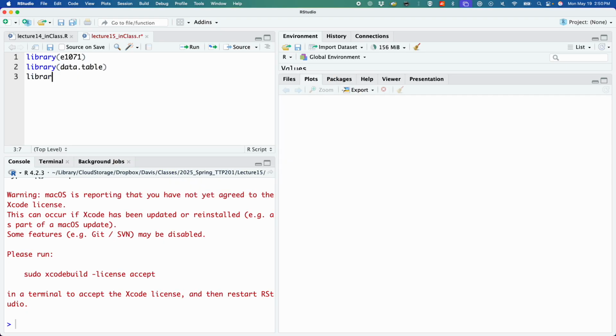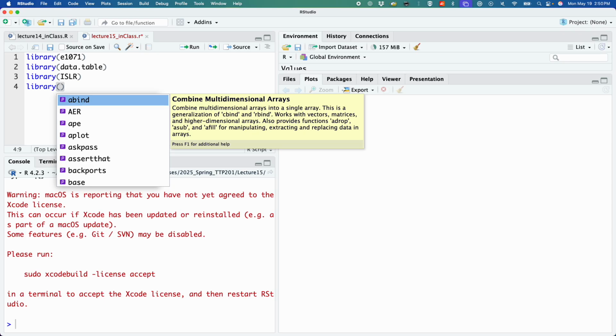And then there's a data set that we'll use for our SVM that you can find on Canvas.